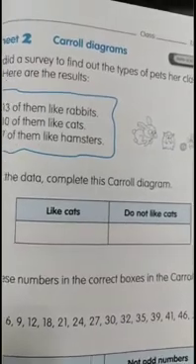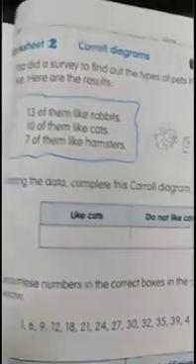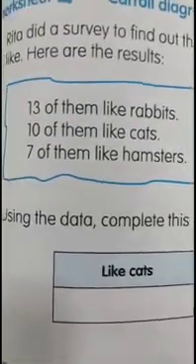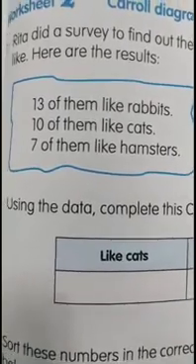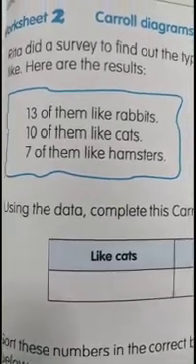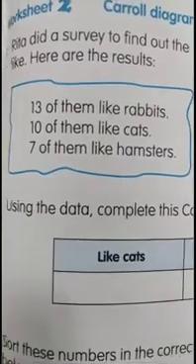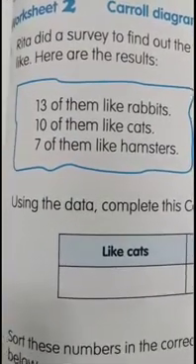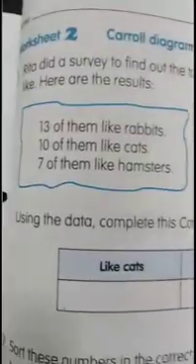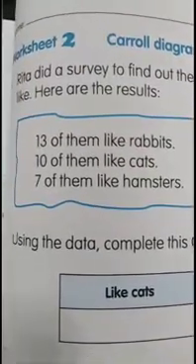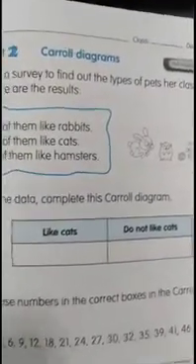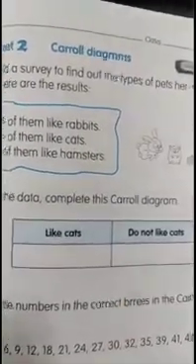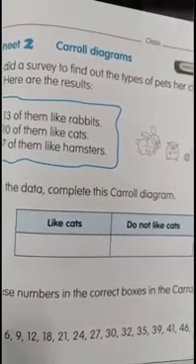And who don't like cats? This means other students who like the rabbits and hamsters all together. There are 13 of them who like rabbits plus 7 who like hamsters. So altogether there are 20 classmates who don't like cats. So in the other missing blank in the Carroll diagram we have to write 20.